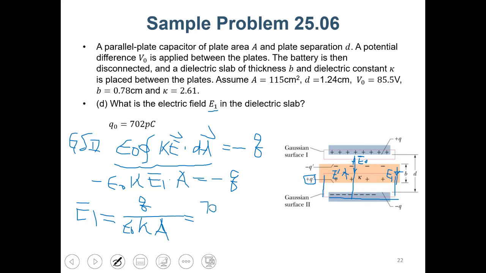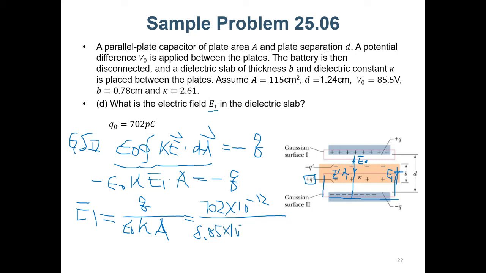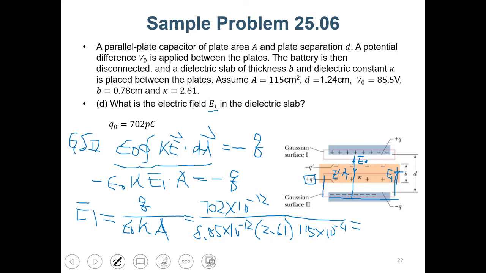It is 702 times 10 to minus 12, and then this is 8.85 times 10 to minus 12, and then kappa is 2.61, and then the area is 115 times 10 to minus 4. So the answer will be 2640 volts per meter. So the E field will be much weaker inside the dielectric slab.